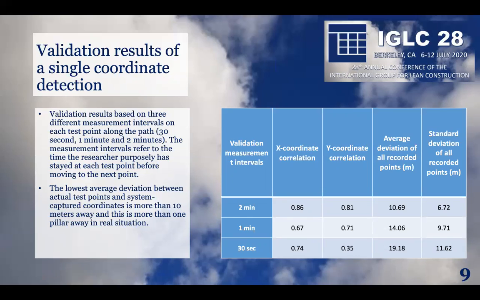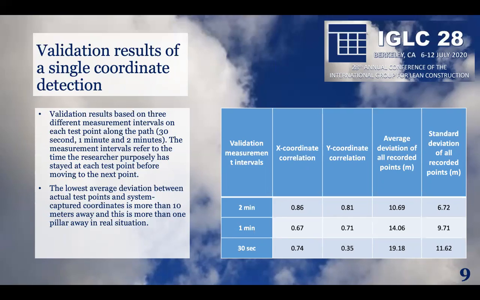The results in the table suggest that with bigger measurement intervals, the average deviation and the standard deviation of all recorded points are lower. The reason is that if a person stays at a test point longer, like 2 minutes, there is more stability for the tracking system to detect the location of the person.